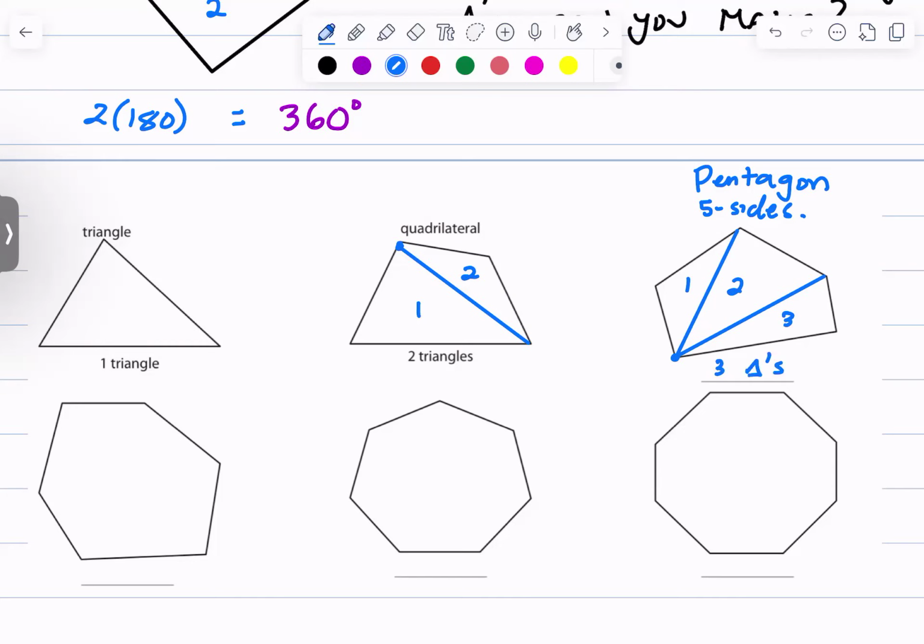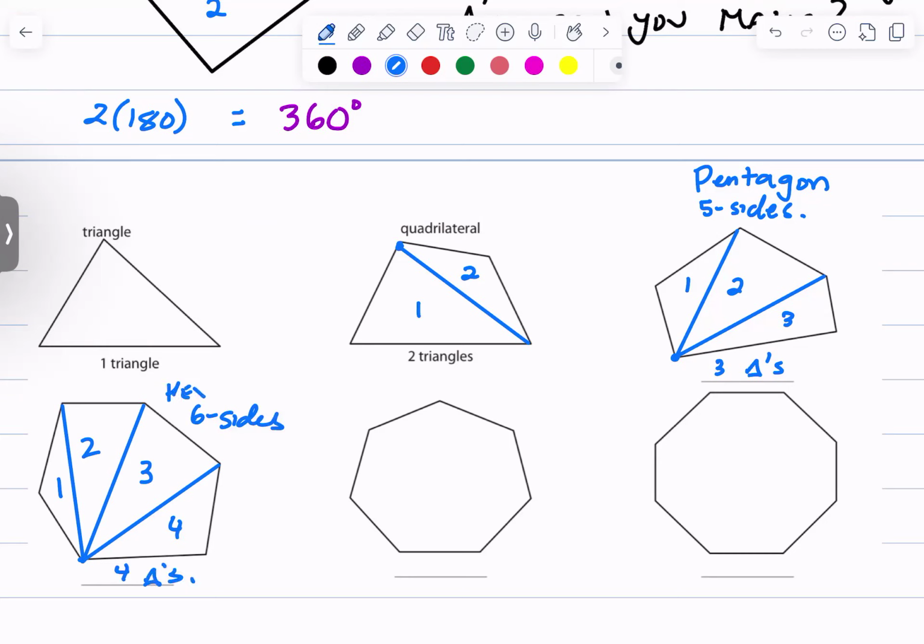This is a hexagon. 6 sides. So I can do something like that and get 1, 2, 3, 4 triangles. 6 sides equals 4 triangles.